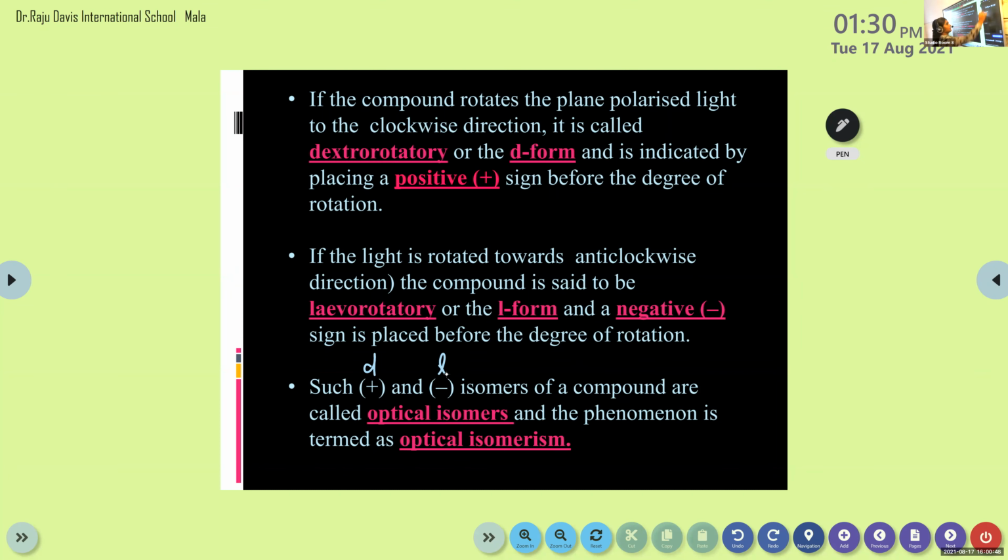Emmanuel, Shivani, Aryan, Lydia, Nia, Anthony, Steffi, Gayatri, Navrin, Srihari, all of you switch on your videos. Finished? Achyut? Yes.